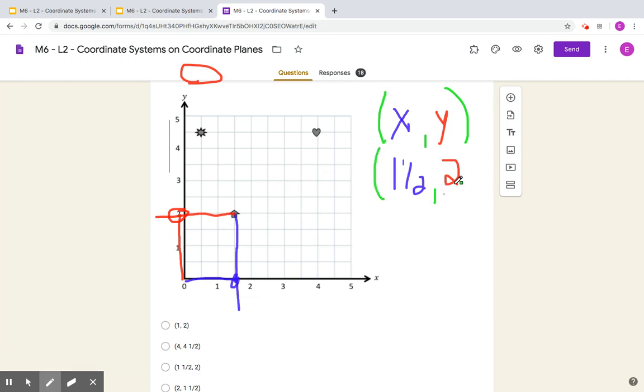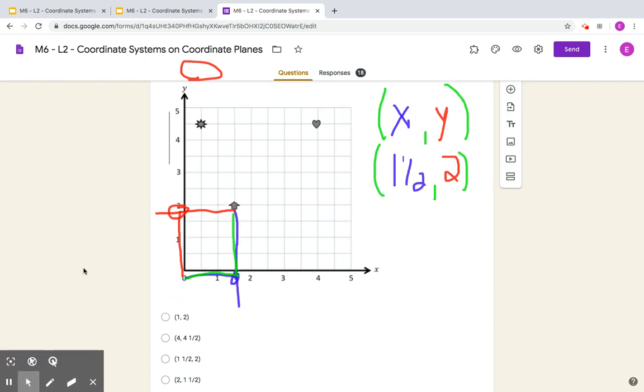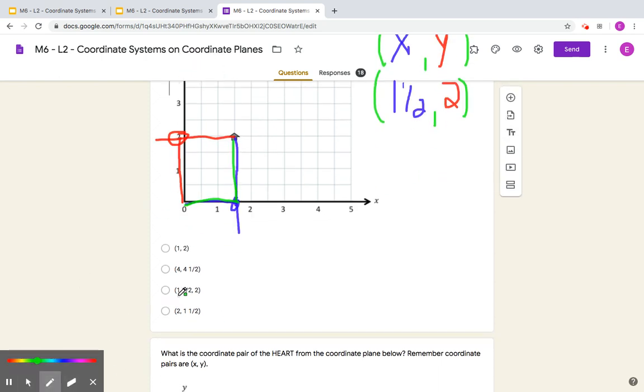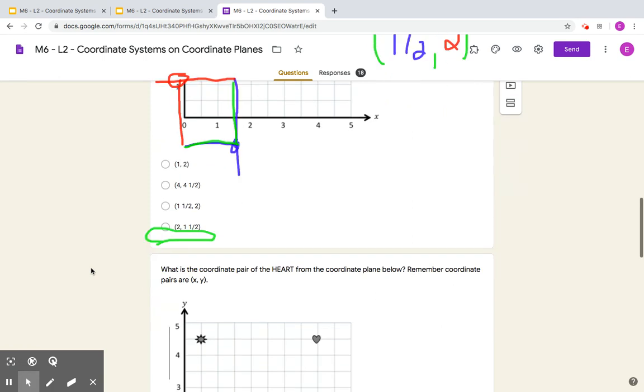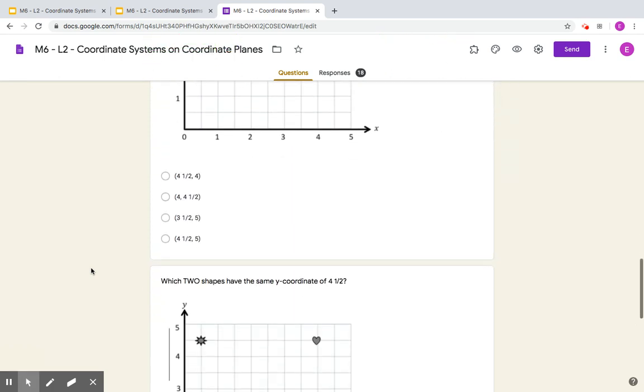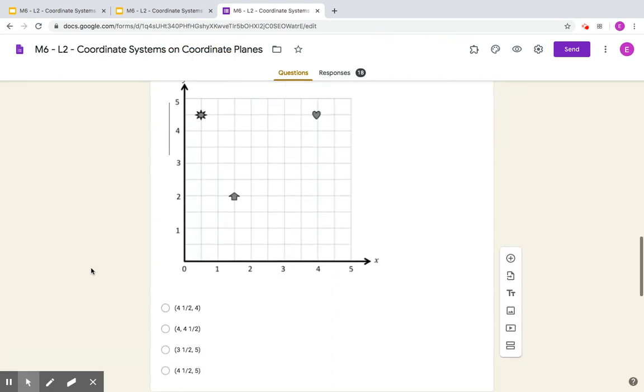I know we found our coordinates by going from the point, but that's just another way of saying in order to get to this arrow, I went over 1.5 and I went up 2. So my answer is going to be 1 and 1/2, 2. X and then y.